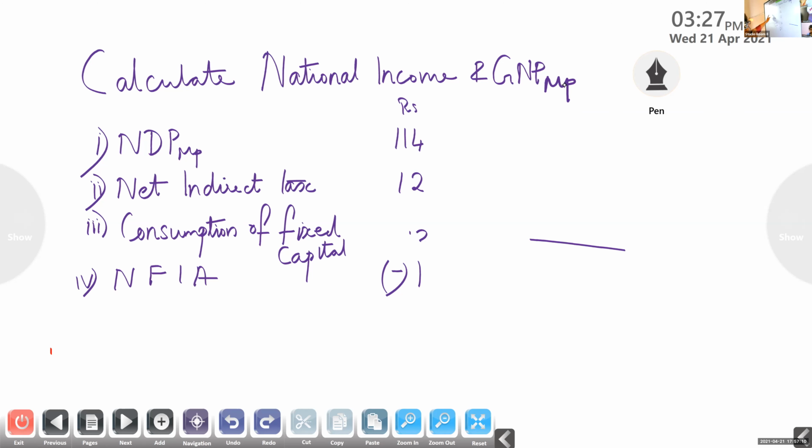Now they have given NDP-MP this much rupees, net indirect tax this much, consumption of fixed capital, oh sorry, it's 13. Net factor income from abroad, it is -1.